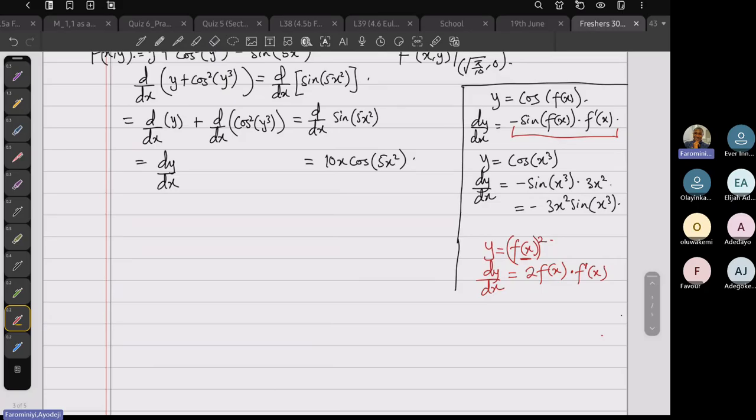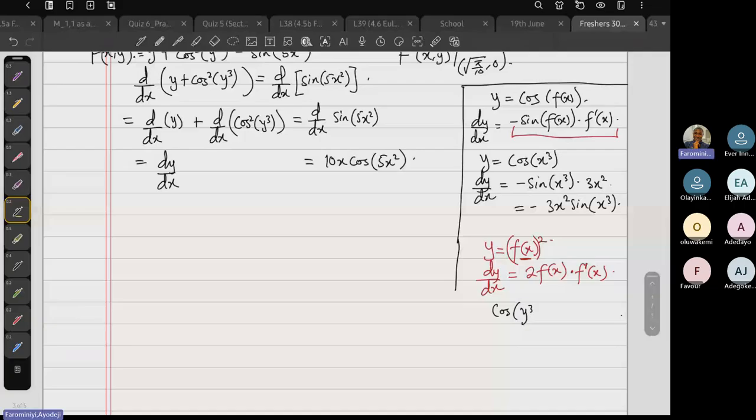That is chain rule in action. So if I differentiate y squared, it will be the same thing: 2 times y times the derivative of y. Why have I shown that? Because we are going to need it for the derivative of cos y cubed.